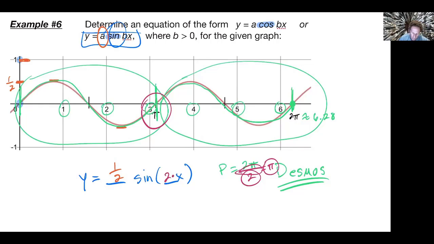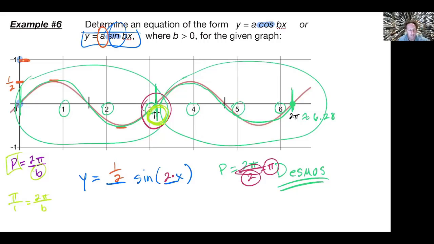All right? The other way that you can do this is a little bit more algebraic in nature. You could say, you know what? I know my period is equal to 2 pi over b always. And if you wanted to solve for b, remember I told you, you have to have an equation with just one unknown. And if you want to solve for b, then you would need to know what p is. And we did find that the period of this thing was equal to pi.